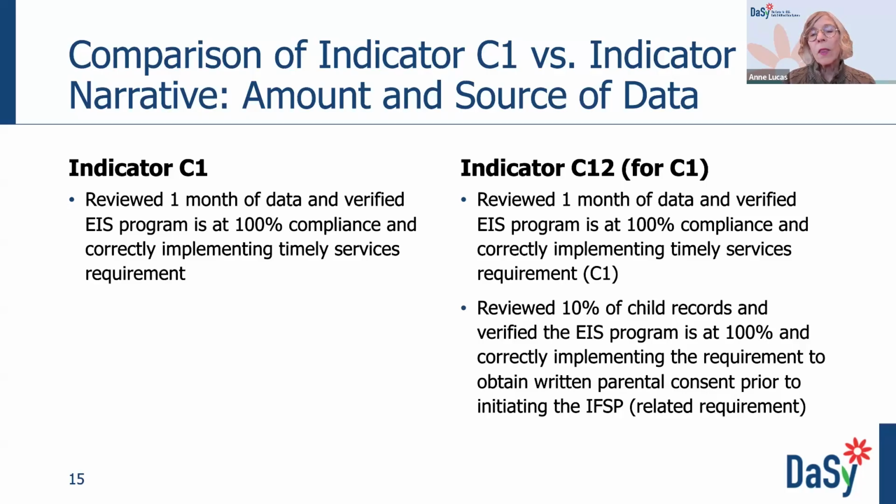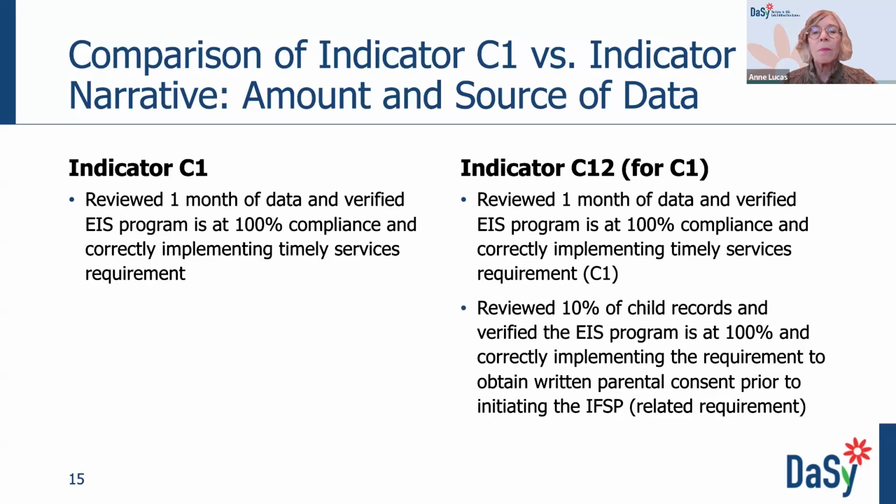Now, given that in C12, hopefully you have more information and more detail, you could write something similar to this if all of the data that you're collecting for each finding is the same as in C1. In C12, you might have the same language, which is what we have here just as an example.